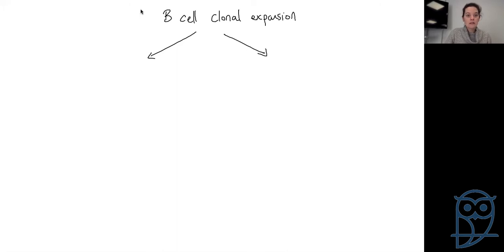We get memory cells, and we get plasma cells. Now, keep the memory cells in your memory, because these guys are all about your secondary immune response.